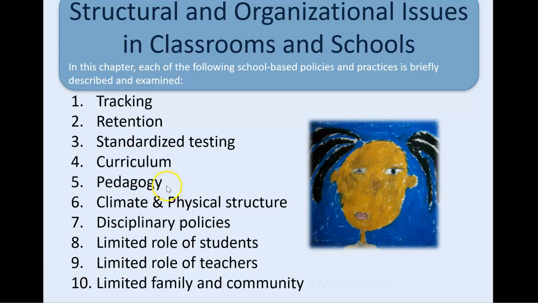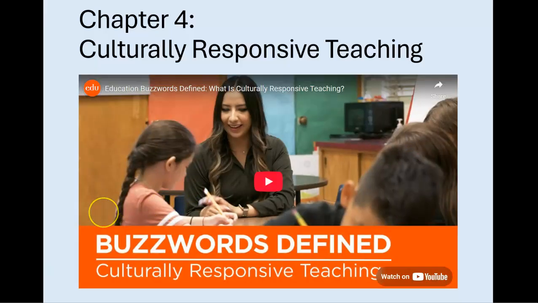Pedagogy is how we teach, what we teach. Thinking about the disciplinary policies that we see within schools, the actual physical structure of schools and makeup and safety within some schools, and also thinking about some of the challenges with the limited role of student and teacher voice, and even family and community voice within our schooling structures.